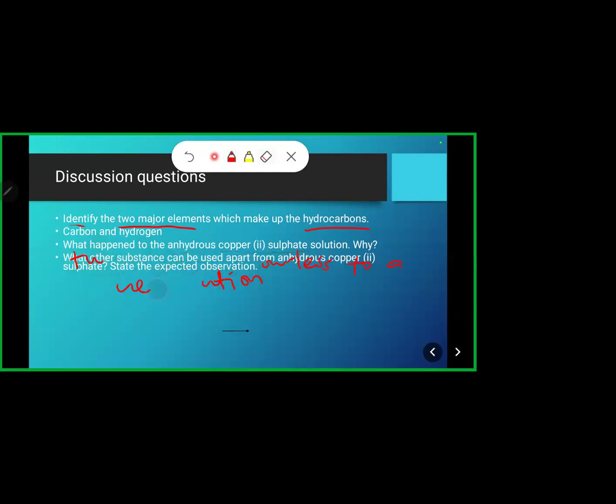So we continue and say, what other substance can be used apart from anhydrous copper 2 sulfate, and state the expected observation. So I am sure your teacher mentioned another substance that we could use to tell the presence of water in a given substance. What substance was that apart from anhydrous copper 2 sulfate?